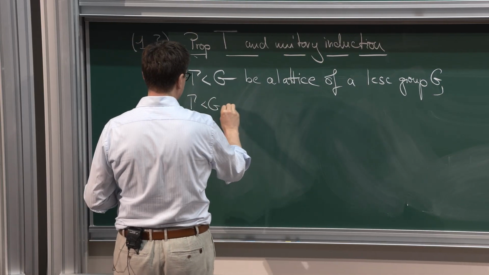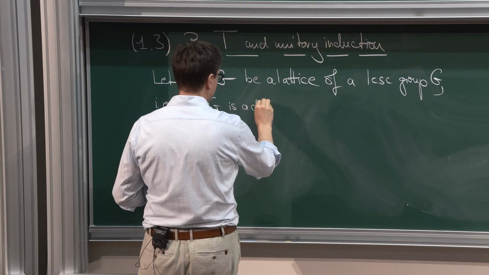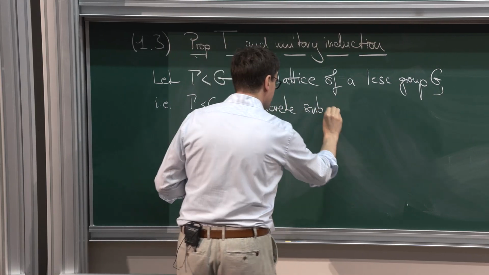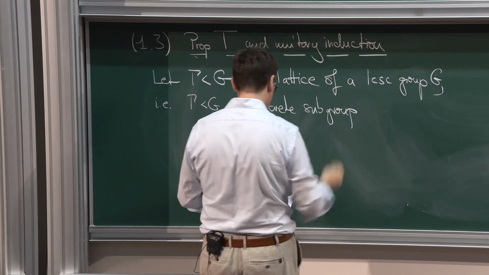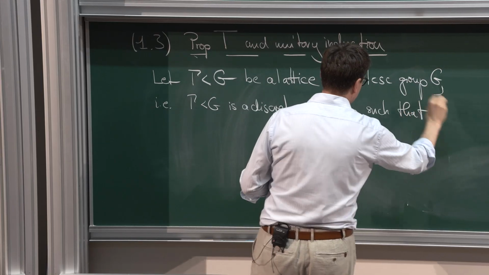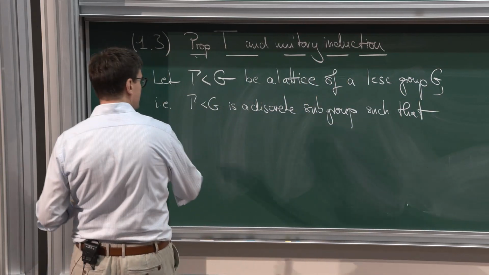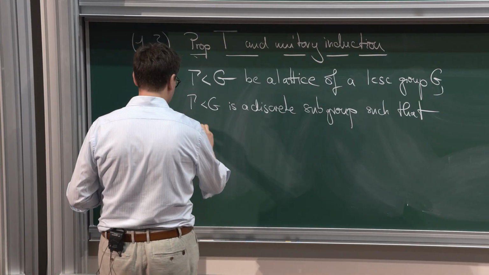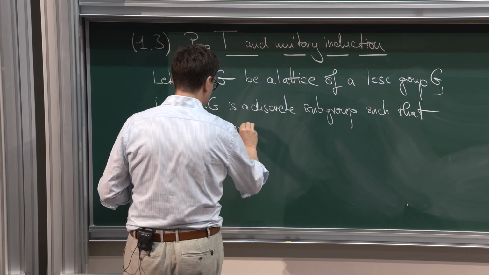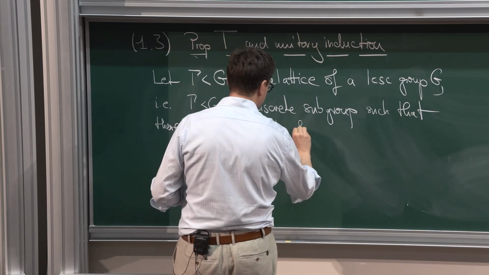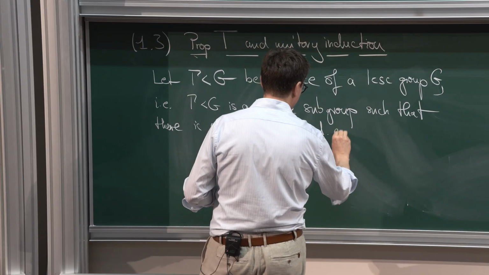Gamma is a discrete subgroup such that, the most hands-on definition, there is a measurable fundamental domain of finite measure in G.